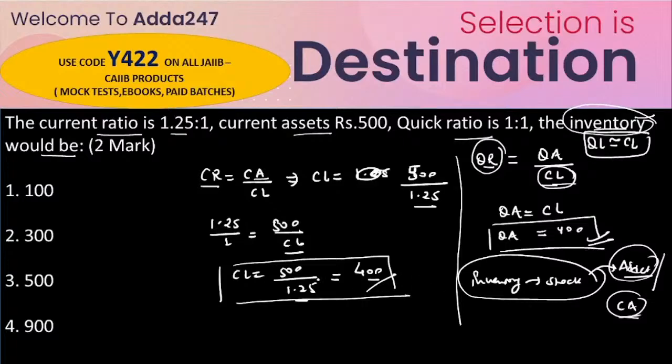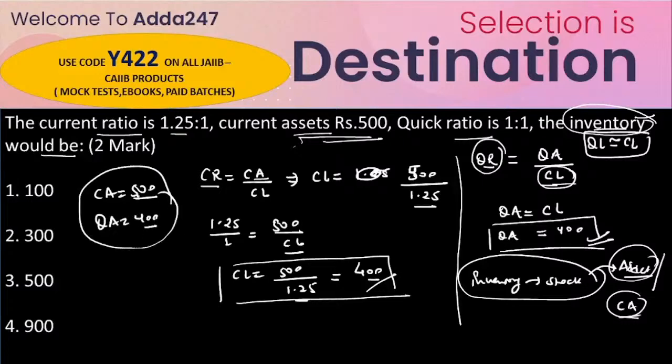So we know that the current assets are given as 500, and the quick assets are 400 rupees. That means the difference between 500 and 400, which is 100, would be our inventory, or our stock.